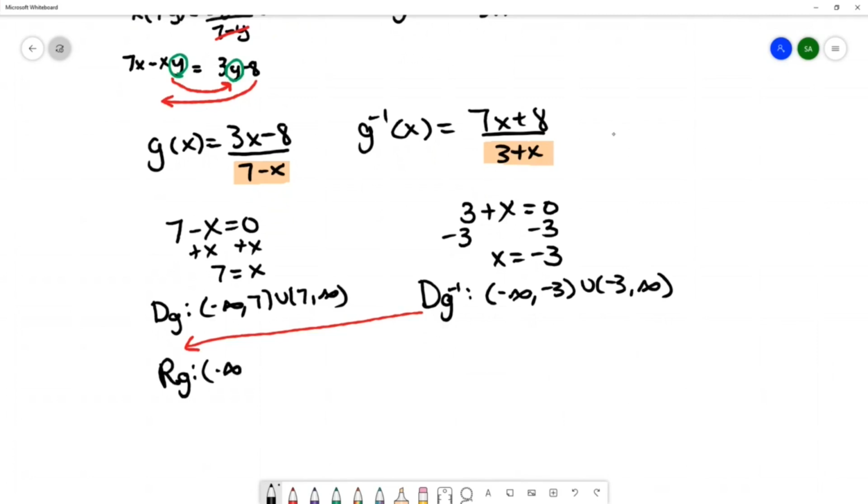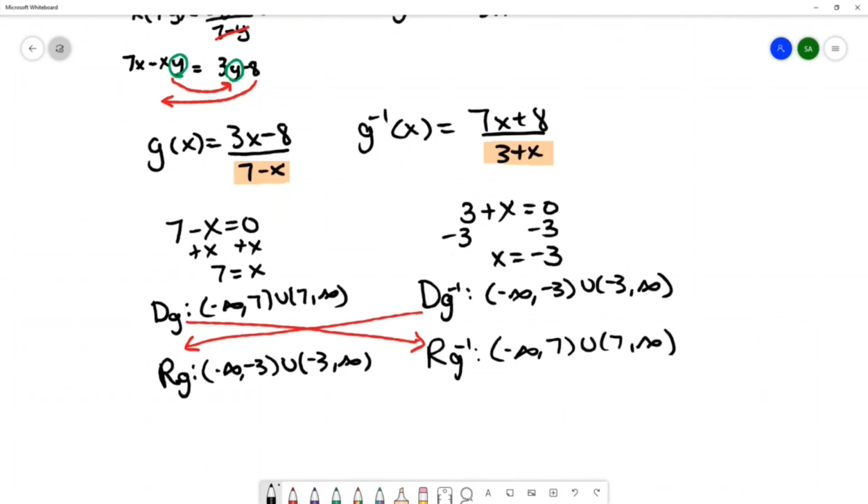So that's negative infinity to negative 3, union with negative 3 to infinity. The range of G inverse is negative infinity to 7, union with 7 to infinity.